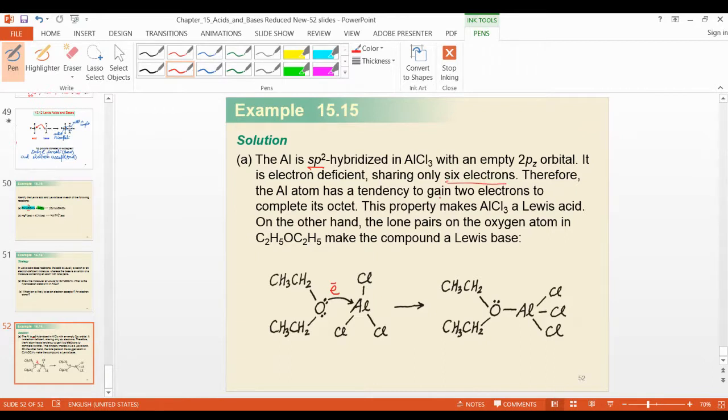Therefore, the aluminum atom has a tendency to gain 2 electrons to complete its octet. See, everything is written here, which I already told you. This property makes aluminum chloride a Lewis acid. On the other hand, these are the lone pairs of electrons on the oxygen atom in C2H5, this is diethyl ether, the name of this compound, and this is aluminum chloride.